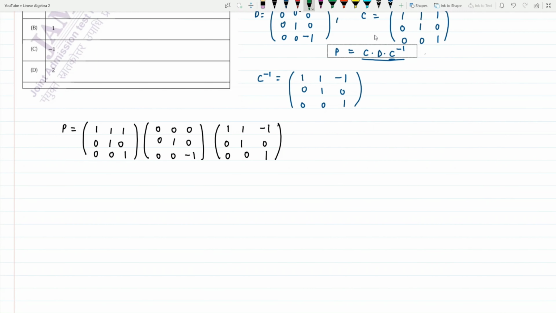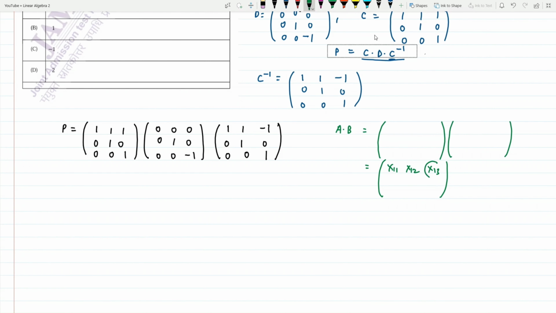From matrix multiplication, you might be knowing that if you take the product of A into B, and we are looking out for the first row and third column entry, which is this, let me just call it x11, x12, x13.